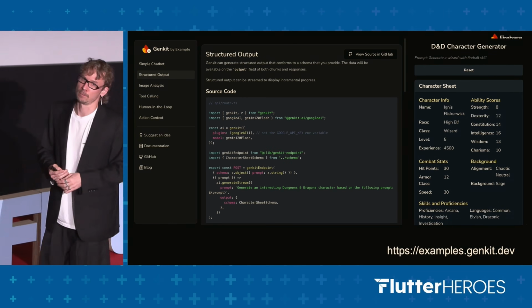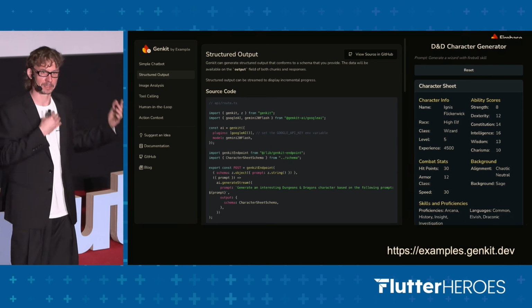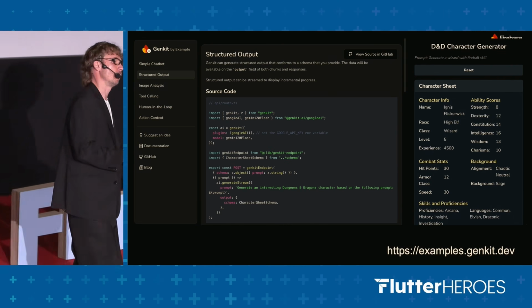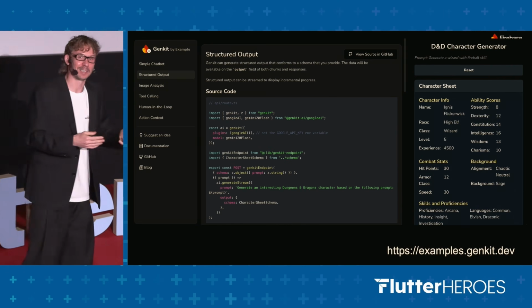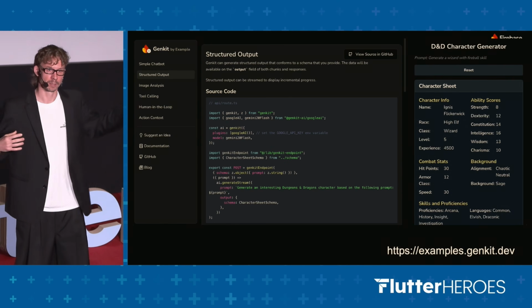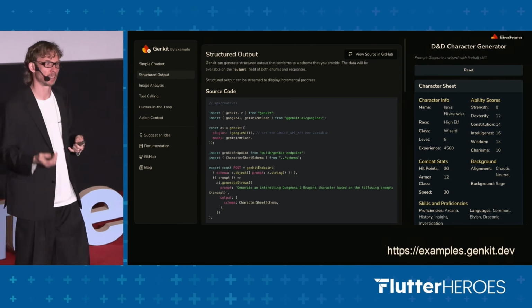If you would like to implement your AI application, of course, you need structured data to display it properly and so on. So you can ask the model, for example, generate for me an answer in this format, but you're never sure that the format will be correct.